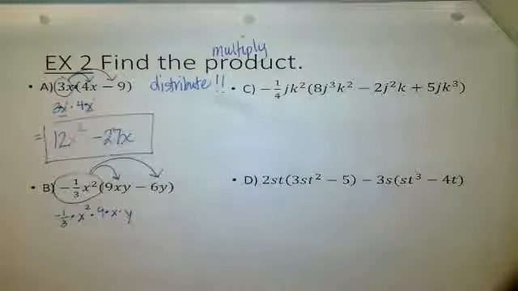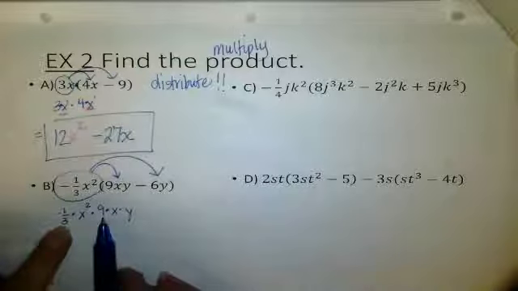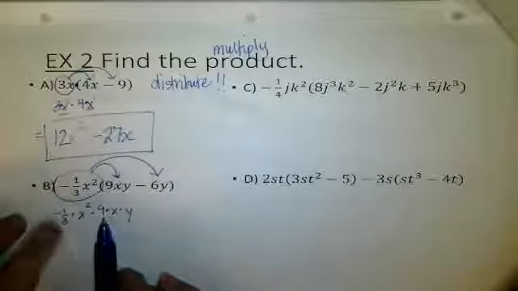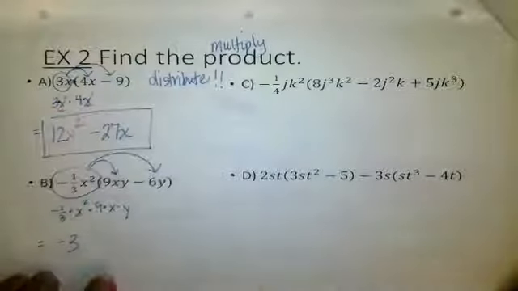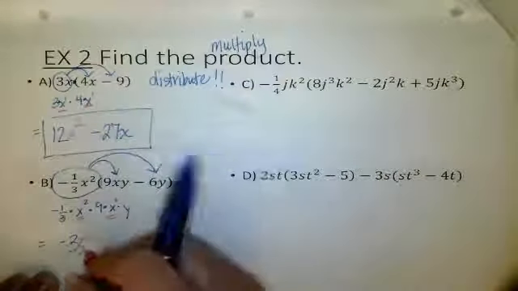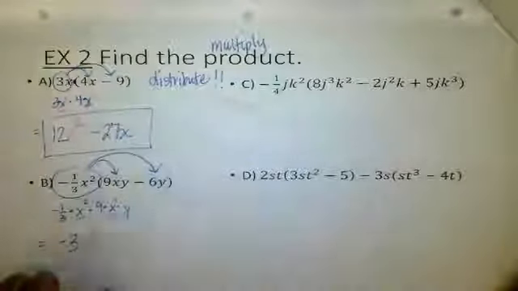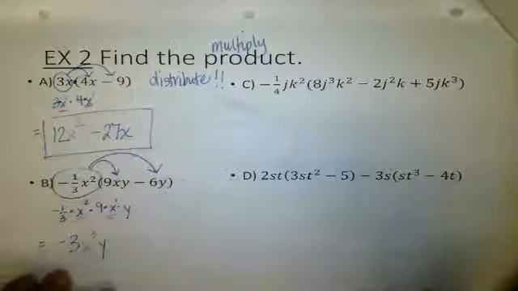You're going to multiply the things you can. What's 1/3 of 9? 3 with a negative, so negative 3. Here we have x squared times x to the first, which is x to the third. And y doesn't have any friends, so it just stays y.